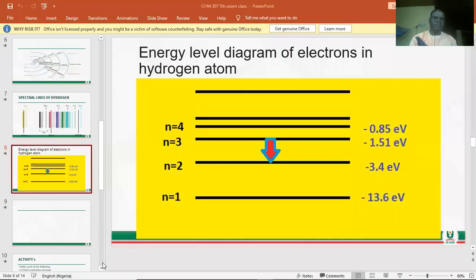Atomic hydrogen has one electron, hence the simple nature of the emission spectrum that it has.